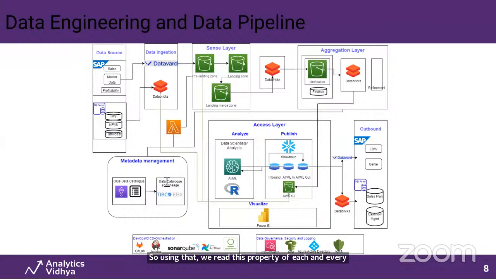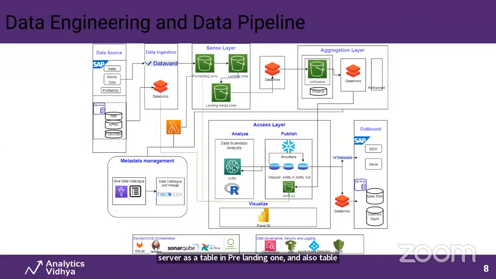Using that, we read the properties of each and every table and maintain the data lineage. So at any time, if I want to know where this data is coming from, I know it is coming from this. Or if we are doing some joins, we can put the source as table 1 in pre-landing and also table 2 in pre-landing.